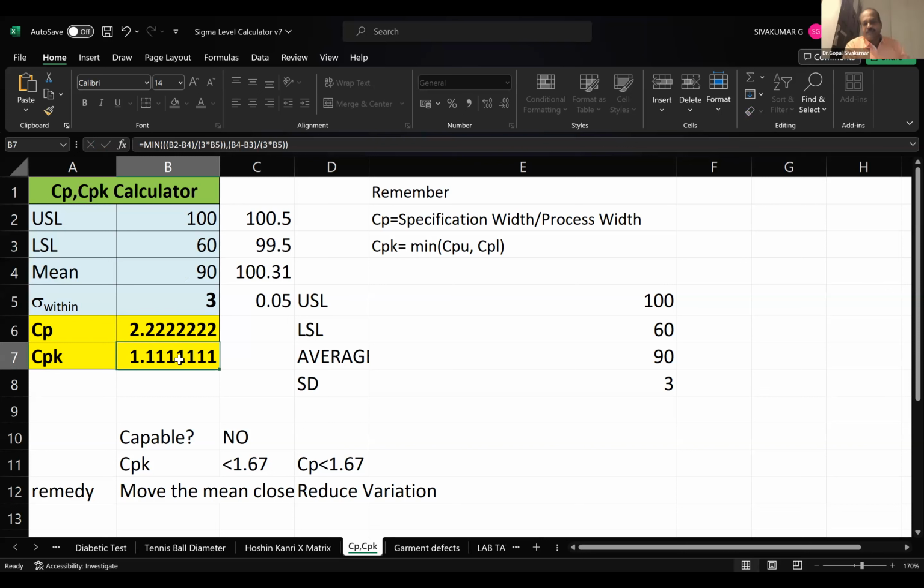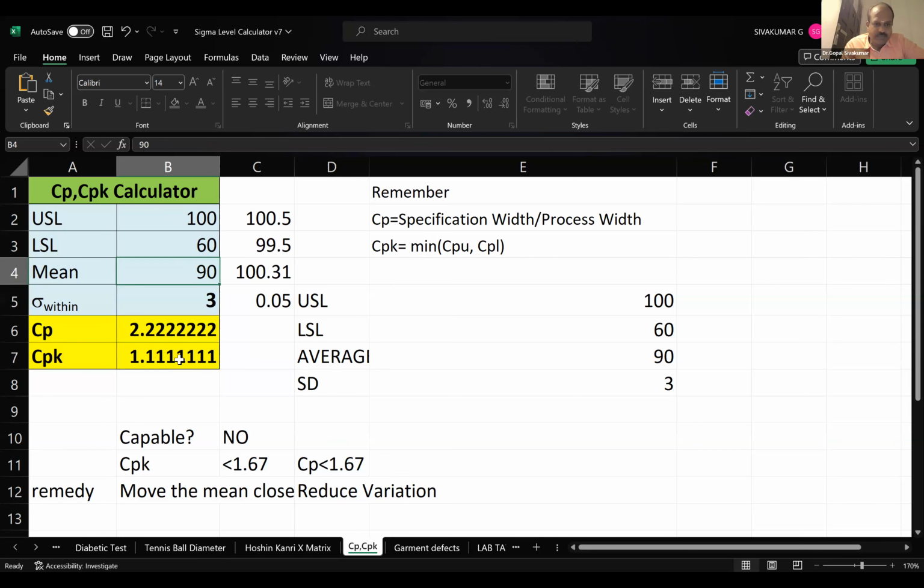Yes, it is not capable. You are right, technically. However, it is just above 1. If you think passing closer to the border is risky, then definitely we don't consider this as a capability.